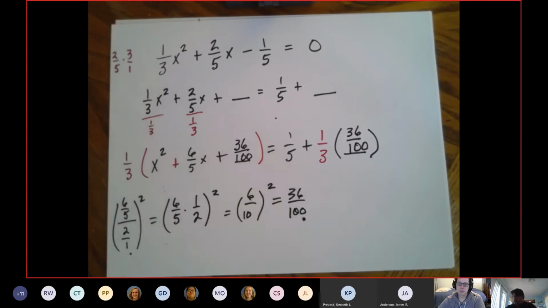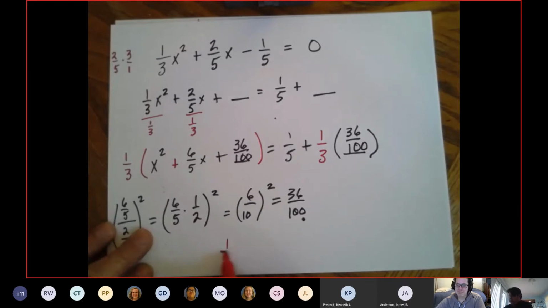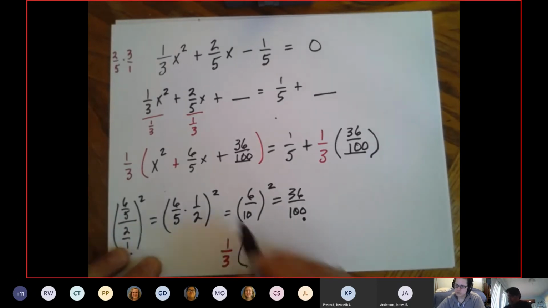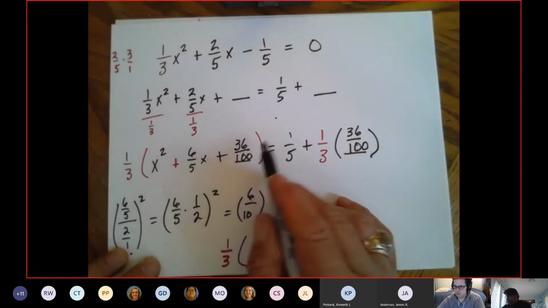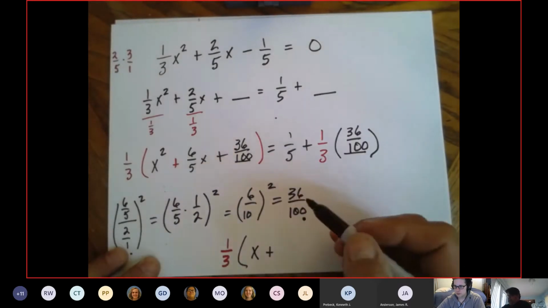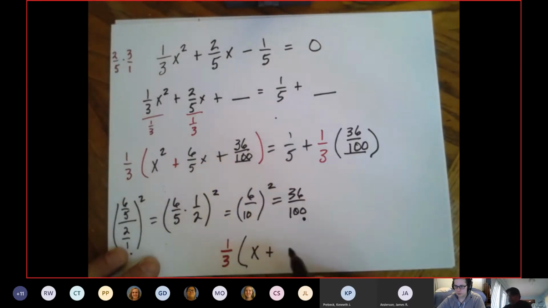So our final, before we start getting the vertex and everything, is 1/3 parentheses shortcut number 1 x plus, and if you want to change that, I left it here because it's easier to take the square root, but you do what you want to. That'd be 6 over what? 10, which is 3 over 5.